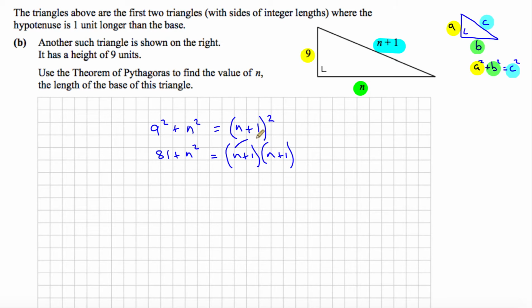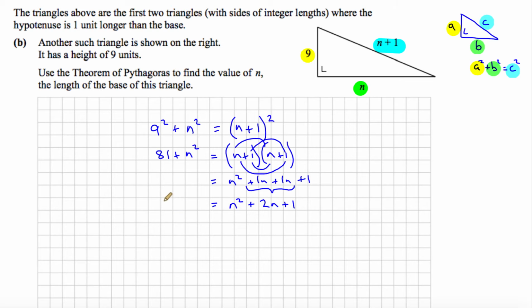So when we do this, we get n by n is n squared plus 1n plus another 1n, and then 1 times 1, which is 1. So that's n squared plus, you can combine these two here, 1n and 1n gives me 2n plus 1.